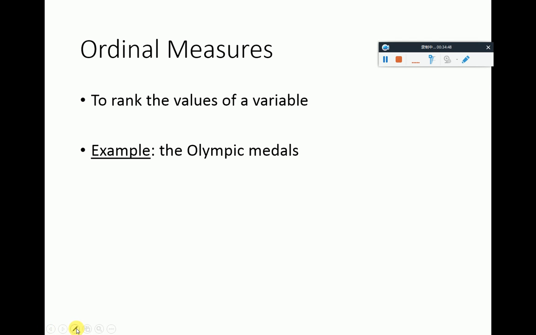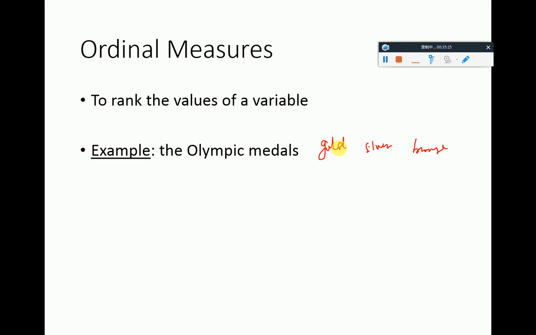Let me write it out. We have gold, we have silver, and we have bronze. So first of all, we can immediately see that these three categories form a nominal measure, right?